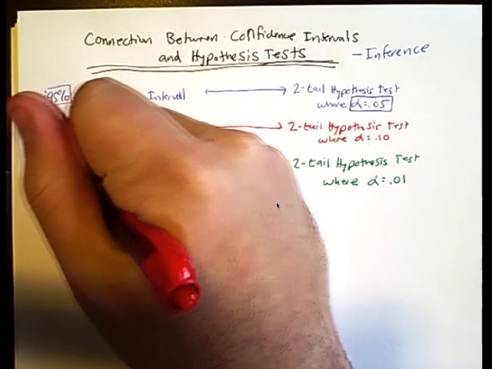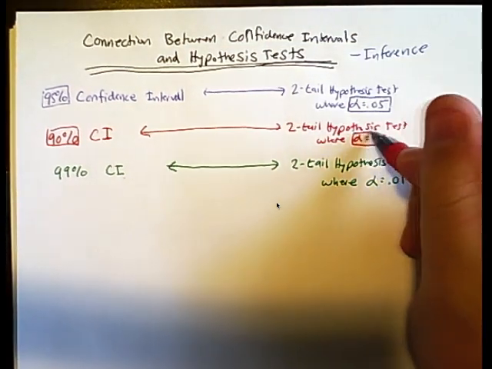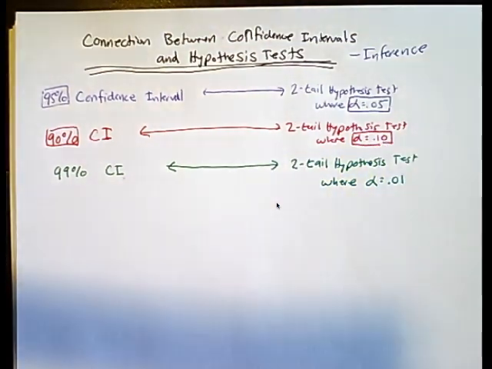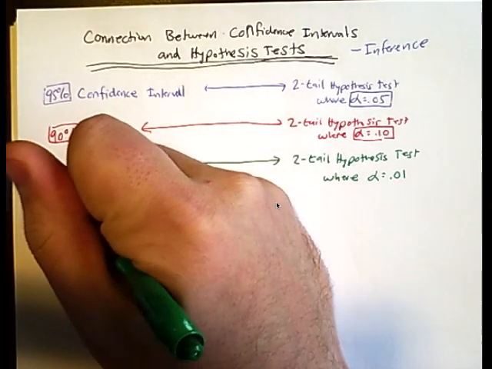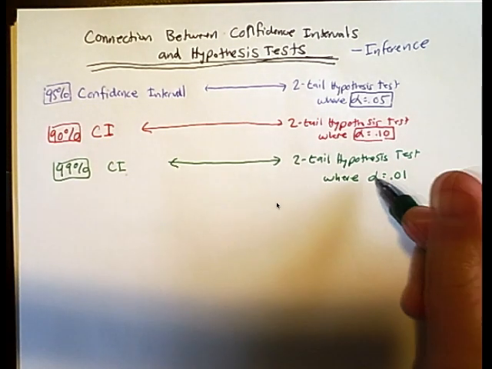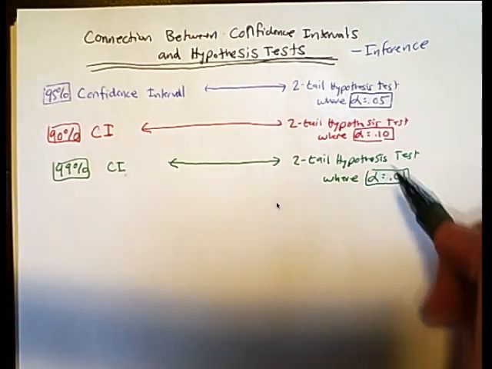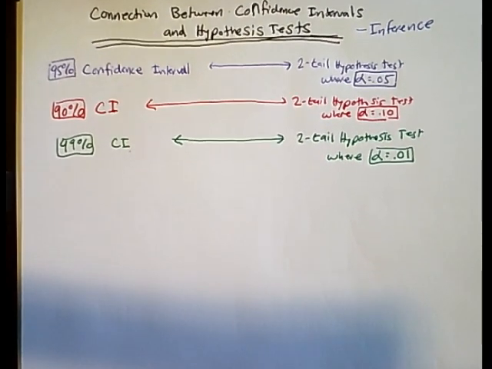Same way, a 90% confidence interval would be akin to doing a two-sided hypothesis test where the alpha is 0.10. And likewise, a 99% confidence interval is akin to doing a two-tail hypothesis test where the alpha would be 0.01. All right, so let's look at this in the context of an example.